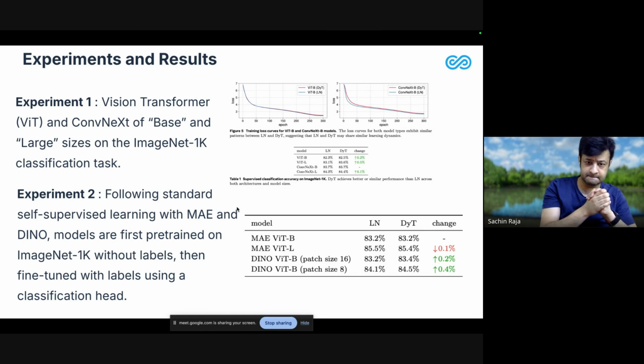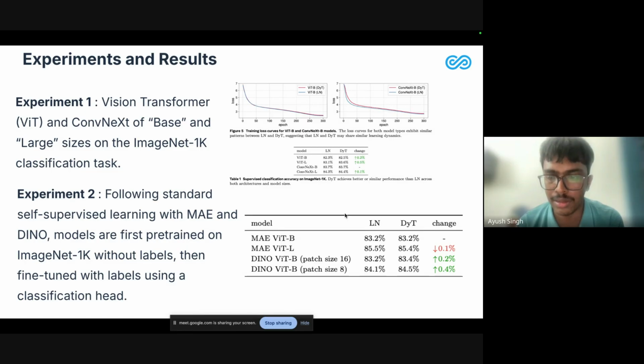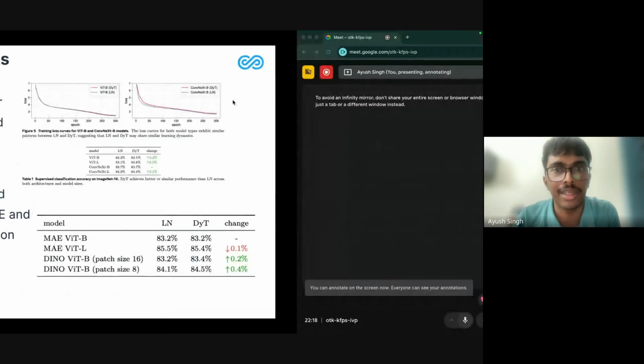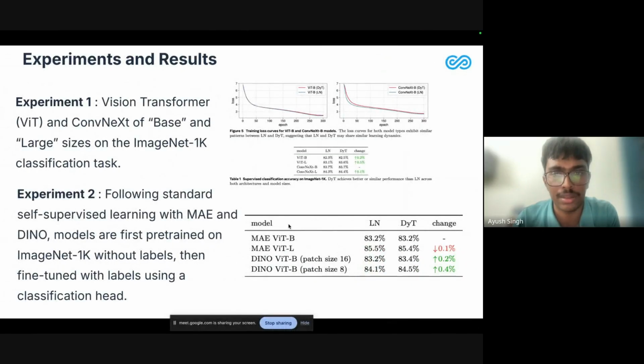I think something is wrong with the presentation. Just wait a minute. Internet is not working, I think. Internet seems to be working. Can you stop share and present again? Now it's working. Is it visible now?